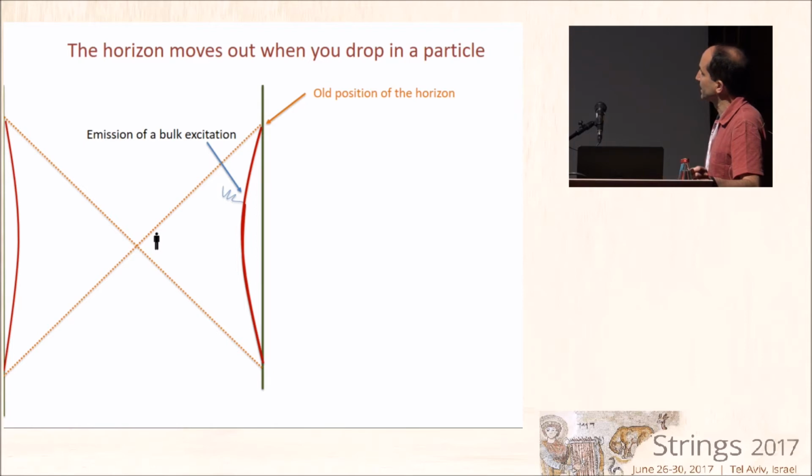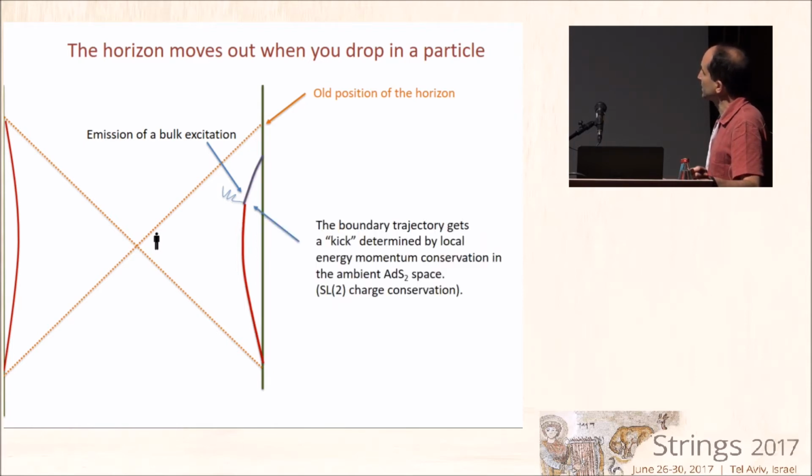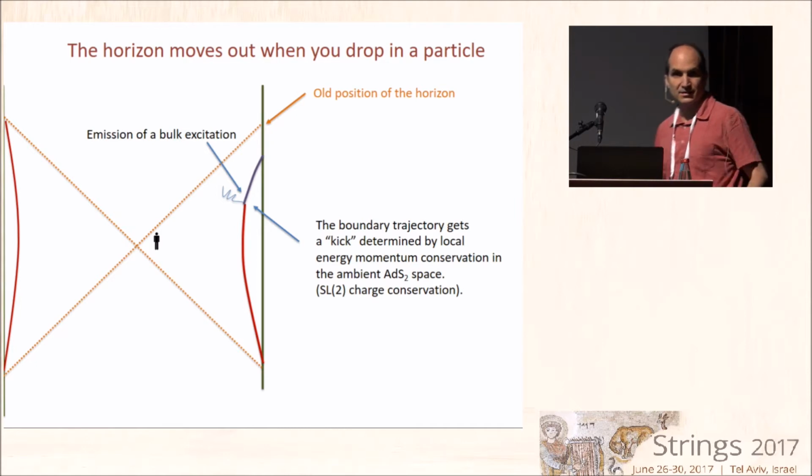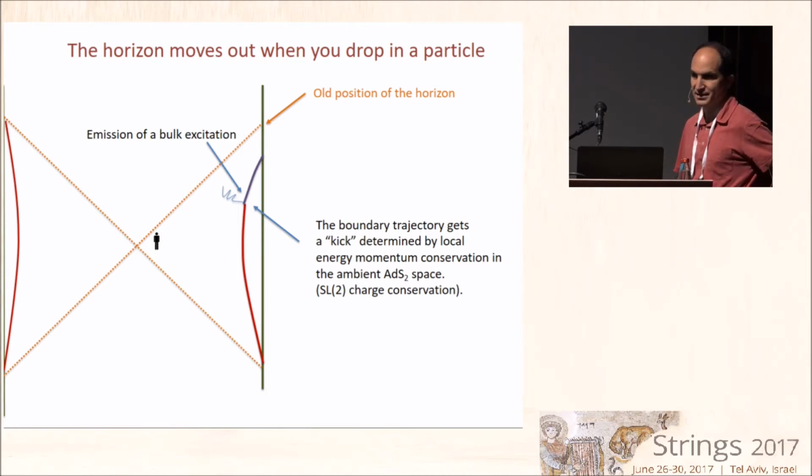We send this particle into the black hole, and what happens is that this particle gives a little kick to the boundary trajectory, and this kick is enforced by demanding that the SL2R charges are conserved here. That condition essentially says that the energy momentum of these particles is conserved as if they were particles moving in a fixed AdS2 space.